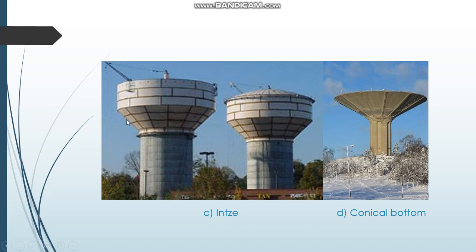So a conical bottom is provided in the water tank. So this water tank is made based on the principle formulated by a German scientist Otto Intze. So he named this water tank as Intze water tank. Then last one is conical bottom water tank. This is clear from the figure itself. What is the shape of this water tank is.